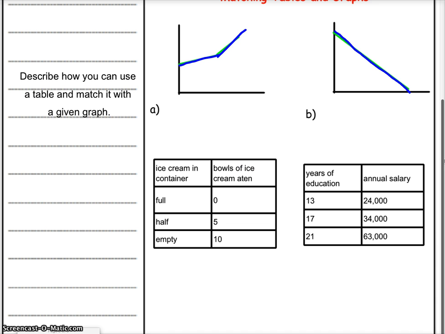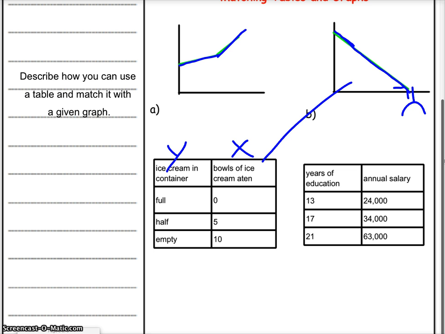Actually, that's flip-flopped. Let's flip-flop. Bowls of ice cream is independent. Yep. Bowls of ice cream is independent. And how much ice cream is dependent on how many bowls you have ate, right? So as the bowls increase, ice cream's going to decrease until you're left with no ice cream left, right? Yep. Good job, Amanda.